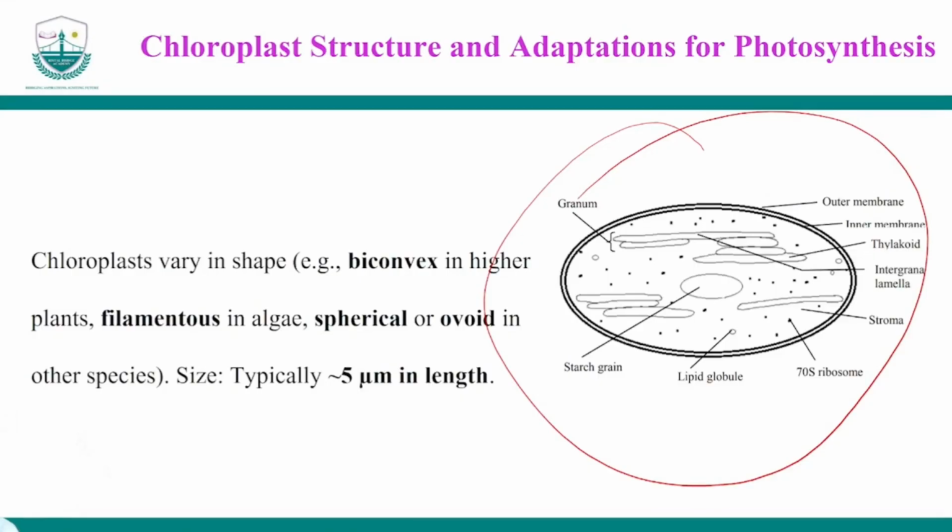Usually when we are drawing the structure of the chloroplast, we use the biconvex shape, okay? But this does not always mean that it has to be of this shape. In organisms such as the algae, you can have the chloroplast be filamentous or even spherical or ovoid. In other species, they are very, very tiny. You can't basically see them with your naked eye.